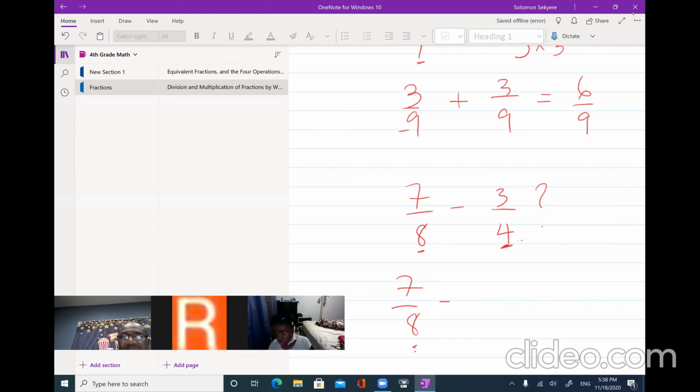So what are you going to do? How would you change the 4 to be like 8? Times 2. Okay, so what are you going to do with this fraction? Times it by 2. Go ahead, tell me.